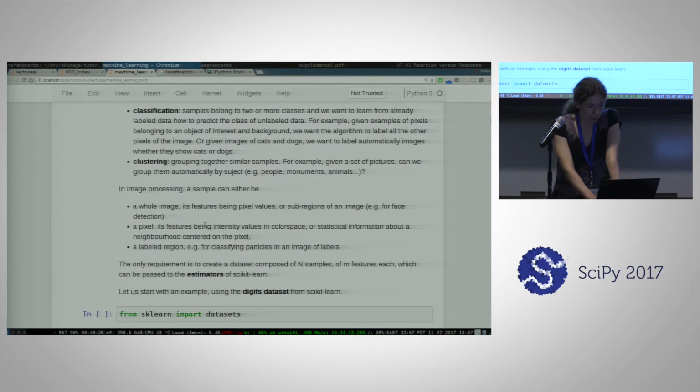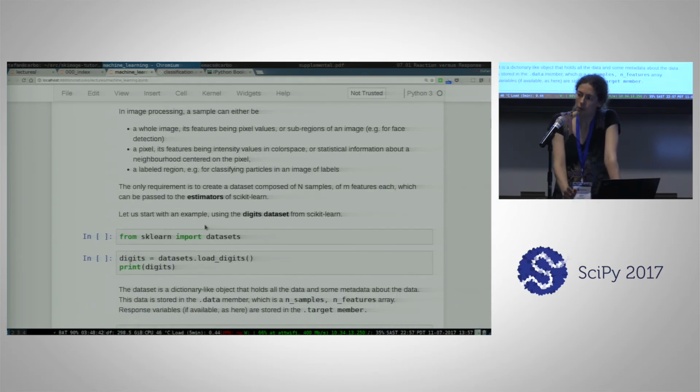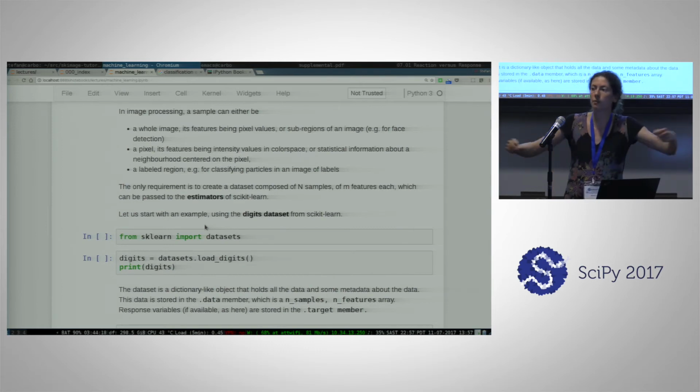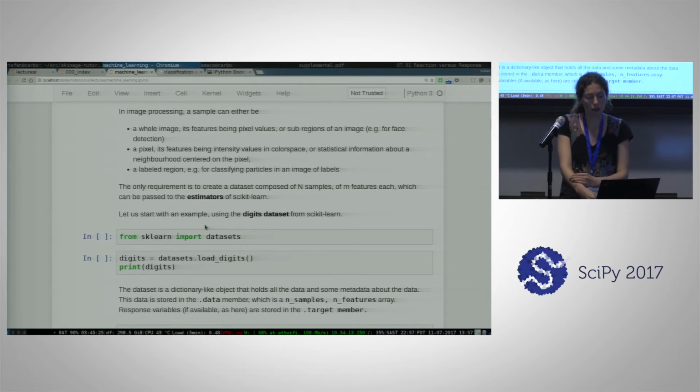So in image processing, a sample is just a collection of numbers, an array of numbers. So it means that it can be several objects. It can be a whole image, for example, because if I flatten my image into the vector of all pixel values, then I have a feature vector. But a sample can also be a pixel.